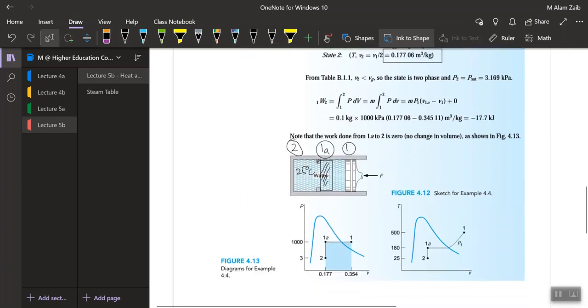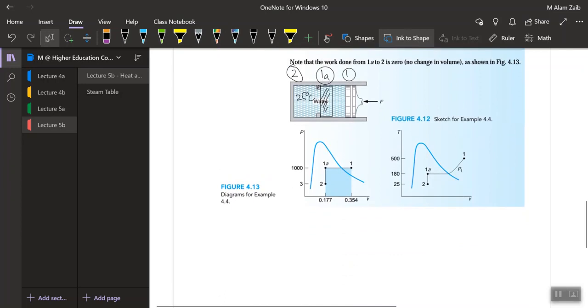So now if I would just write on a PV diagram, initially at 1 megapascal and 500 degrees centigrade, I was somewhere in a superheated condition. Then it was cooling, and in cooling the volume would reduce while keeping the pressure constant.